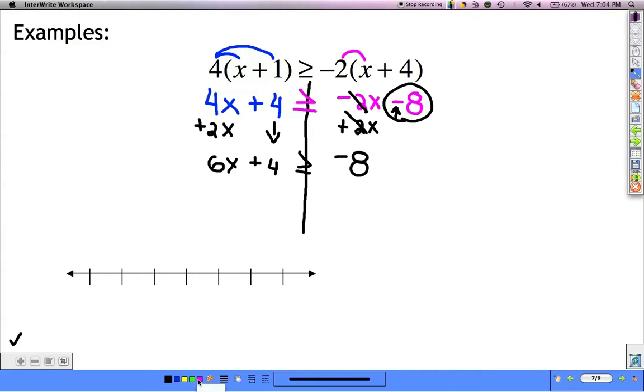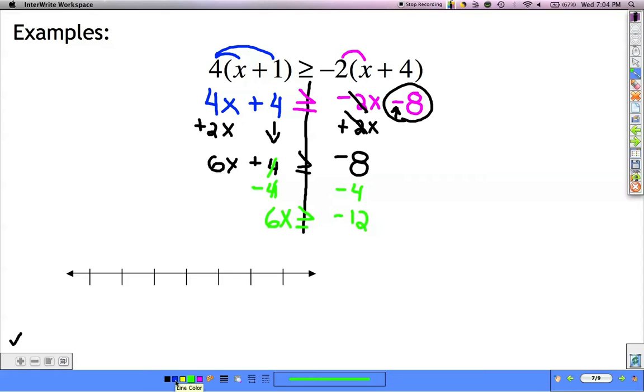So my next step is to try to group all of my constants on the right-hand side. So what I want to do is subtract 4 from both sides of my inequality. What I end up with is 6x is still greater than or equal to negative 8 minus 4, which is going to give me a negative 12.